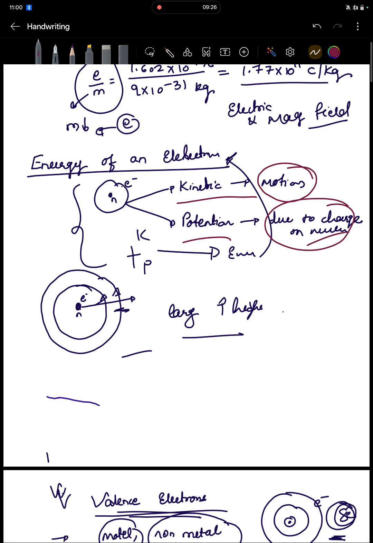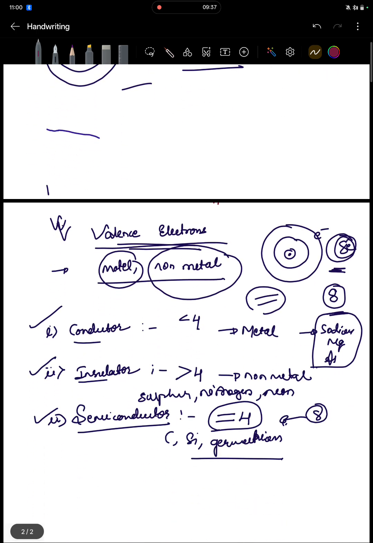The outermost orbit electron has a higher energy than the innermost electron. Valence electrons provide a maximum of 8 electrons at the outermost orbit, which will decide the property of the material, whether it is metal or non-metal, and the physical and chemical properties of the material also.